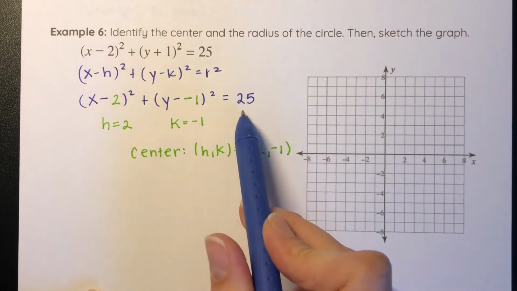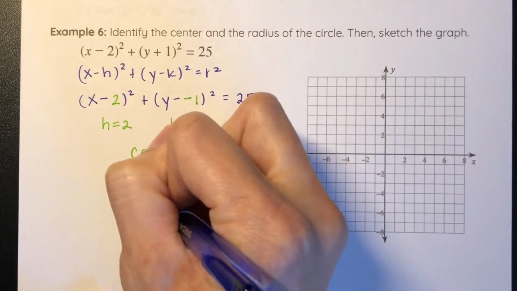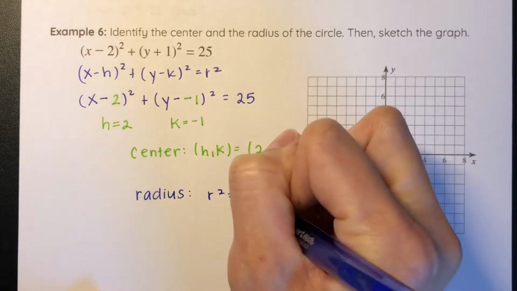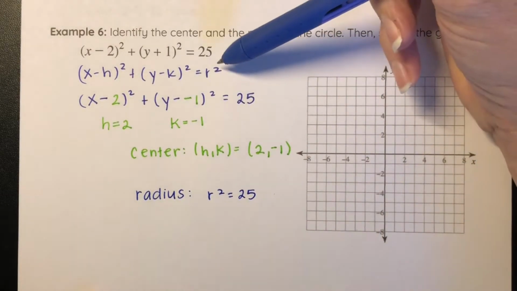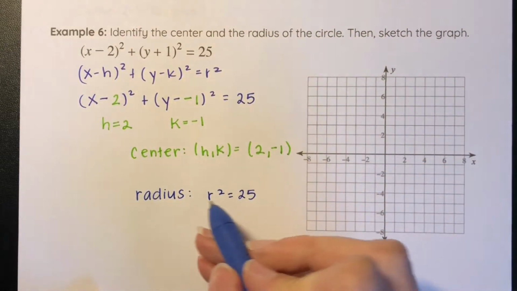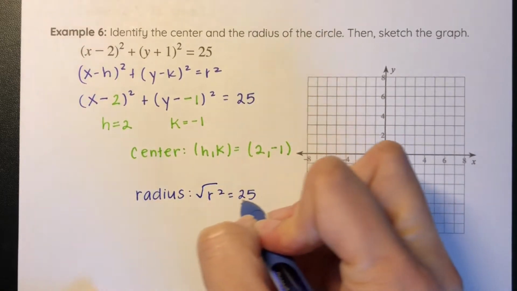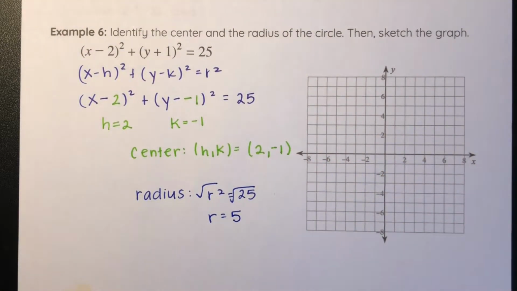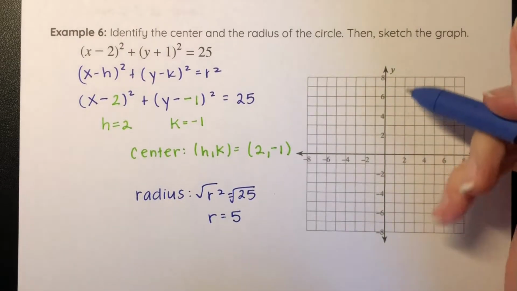And now to find my radius, I know that r squared equals 25. And to find out what r is, I can just take the square root of both sides and get radius is 5. Now I'll go ahead and graph. When I graph, I start with the center.